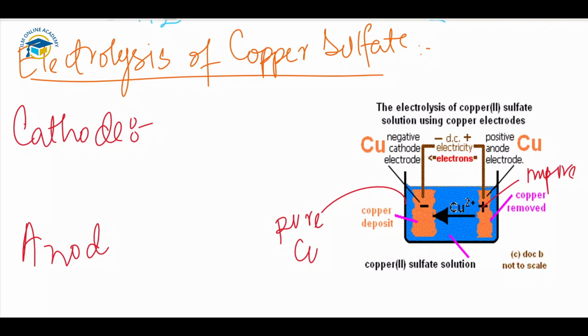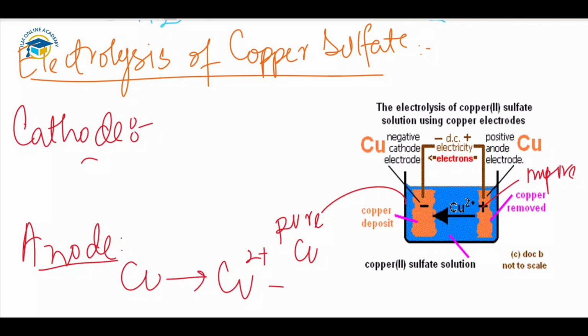Because the anode is made up of impure copper, copper is removed from the anode electrode, because there is also some impurity present there, and that copper will move towards the cathode, and copper is deposited at the cathode.